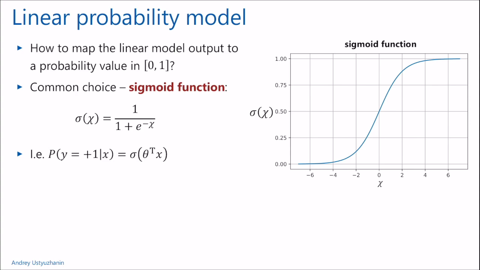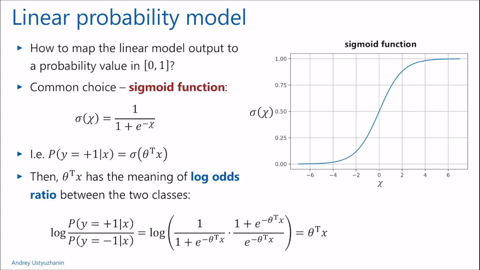And in that case, we can call the probability of x to belong to class 1 the output of the sigmoid function that takes as an argument the output of our linear model.